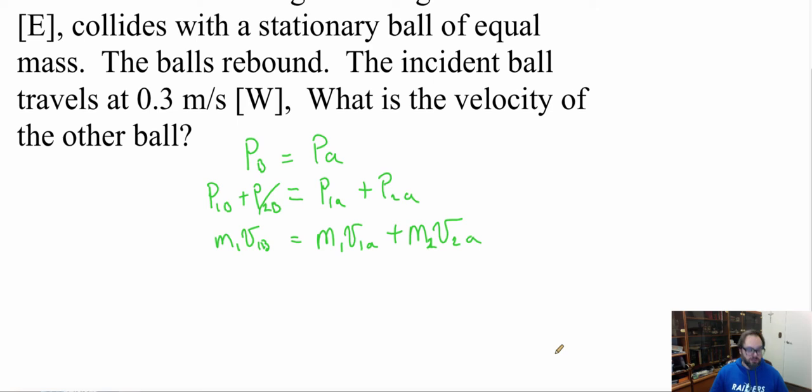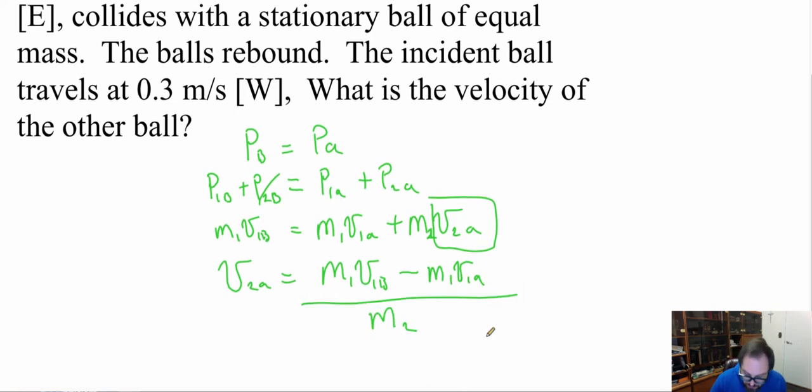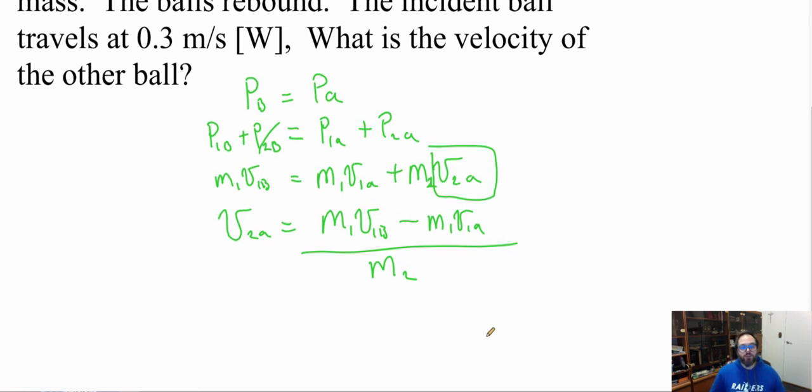So now we're trying to figure out here the velocity of the other ball after. So we're going to isolate for that velocity of ball 2 after the collision. Now in this case here, I know all my masses are equal because we said they are identical balls. So M2 is equal to M1.